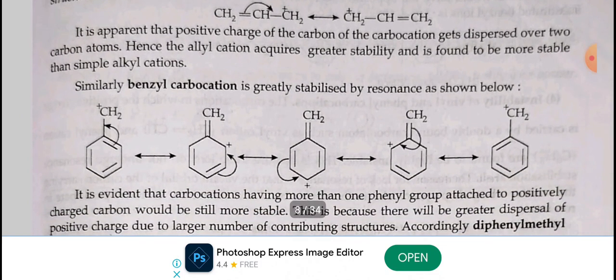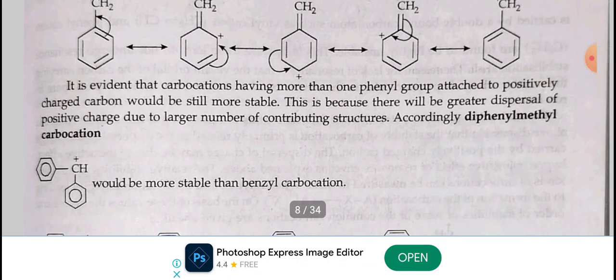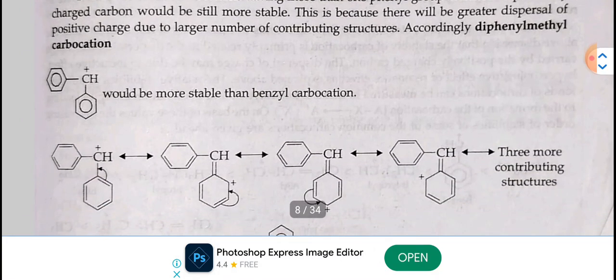Similarly, the benzyl carbocation is greatly stabilized by resonance as shown below. It is evident that carbocations having more than one phenyl group attached to the positively charged carbon would be still more stable. This is because there will be greater dispersal of positive charge due to a large number of contributing structures. Accordingly, the diphenylmethyl carbocation would be more stable than the benzyl carbocation.